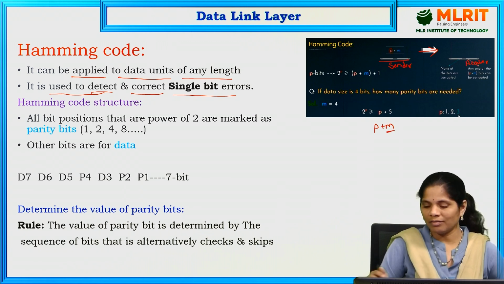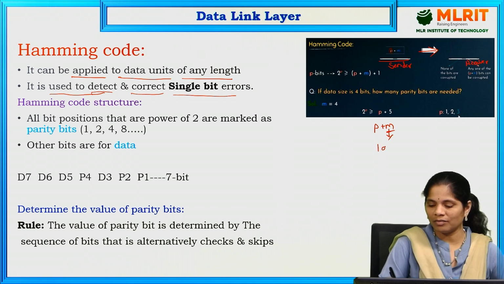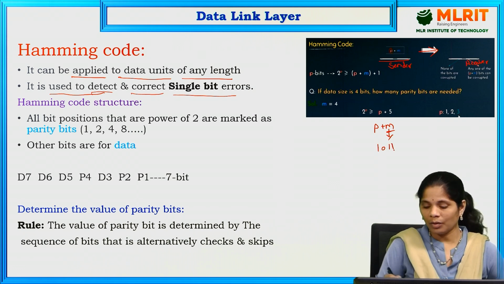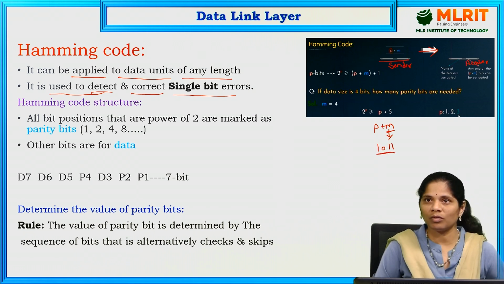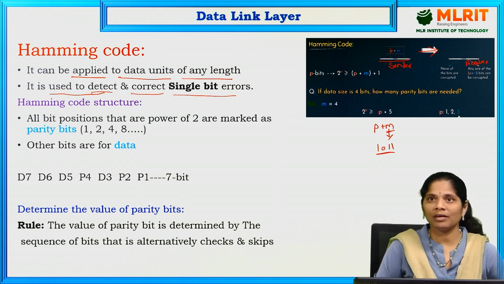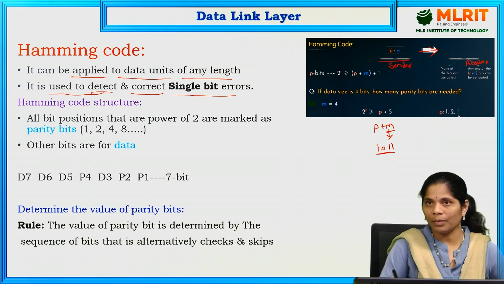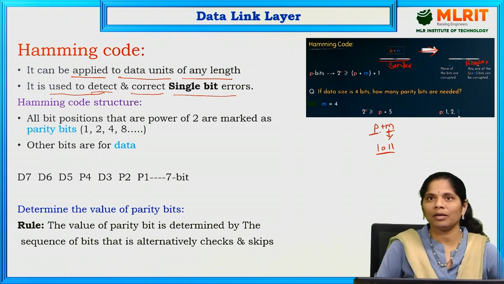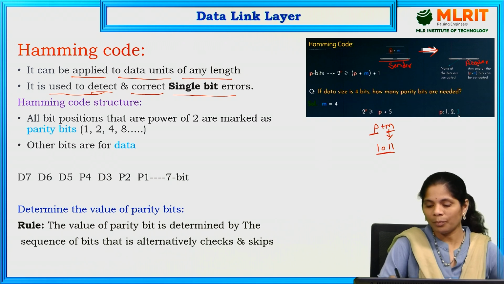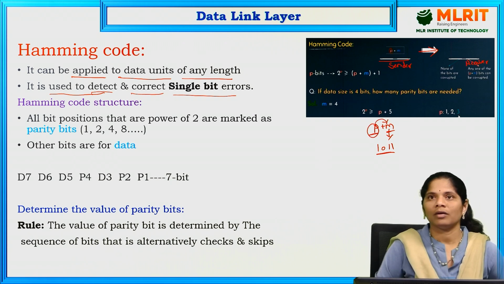Suppose I want to send data like 1011, this original message, to the receiver. With these M bits of the original message, I add P, the parity bits, to the original data on the sender side.